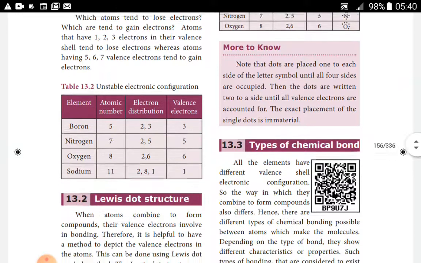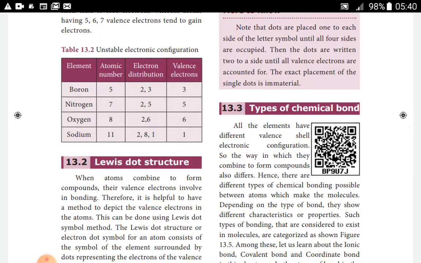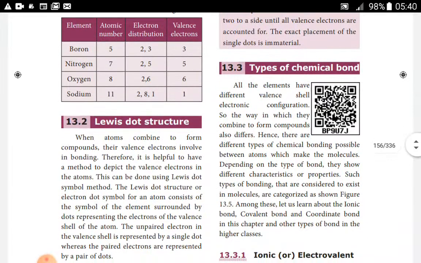Next, let us see types of chemical bond. All the elements have different valence shell electronic configurations, because they have different atomic numbers, so they are going to have different valence electrons. So the way in which they combine to form compounds also differs.